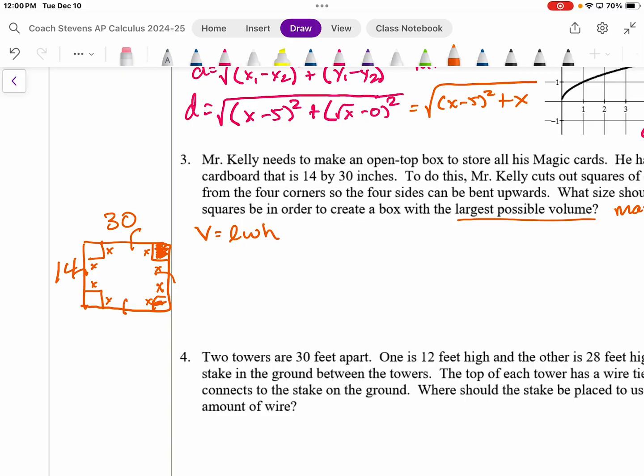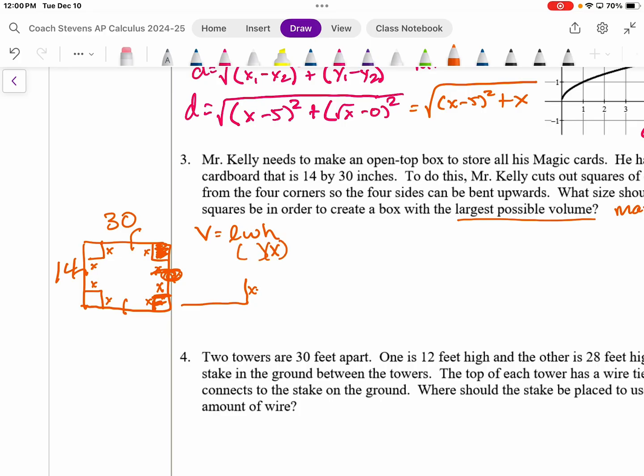It's just x, isn't it? If I fold that side up and I look at it on the side view, my height is right here, which is basically the length of whatever I cut out on each of those parts. Okay? So the height is going to be x.